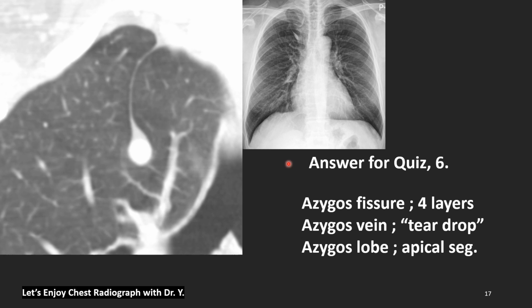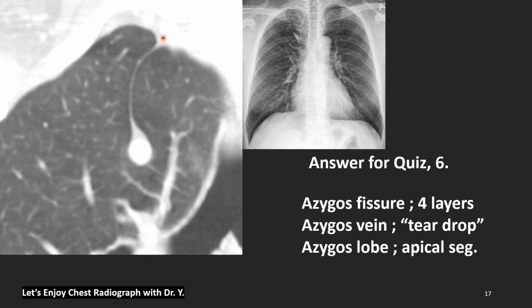Hey guys, what is your answer for quiz 6? Teardrop and azygos pain? Congratulations! This is just looking like a teardrop. And this is the coronal CT. And this teardrop of the azygos vein comes from here.